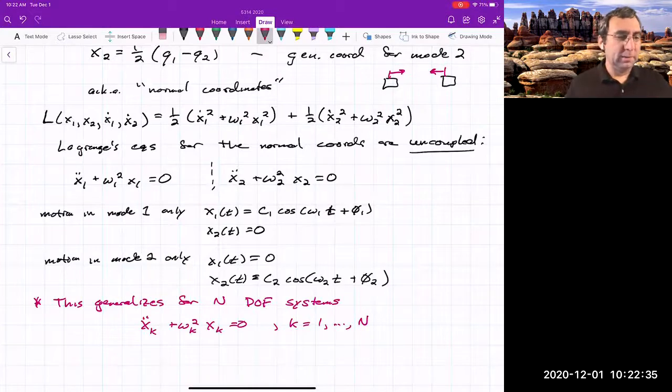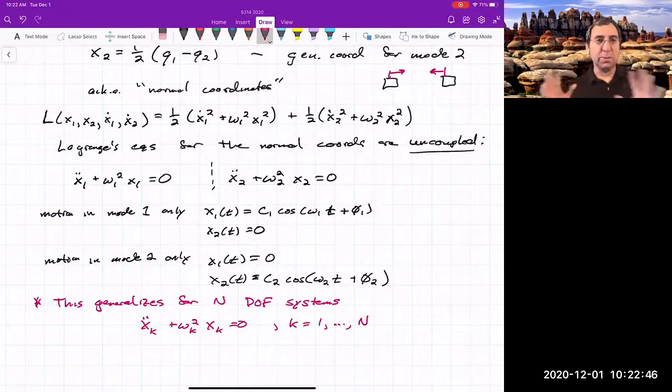So that's the power of normal coordinates. Things that otherwise might look like everything's coupled, you can decompose into these uncoupled pure motions. And then any arbitrary initial condition is just going to be a superposition. Here, the superposition is easy to understand because it means the x1 mode is excited, and the x2 mode is excited.